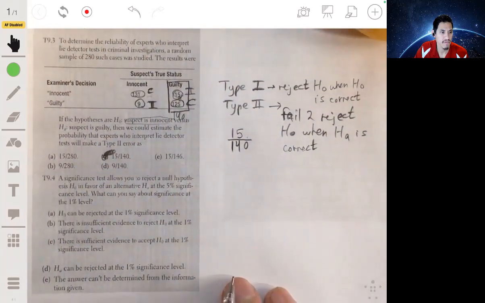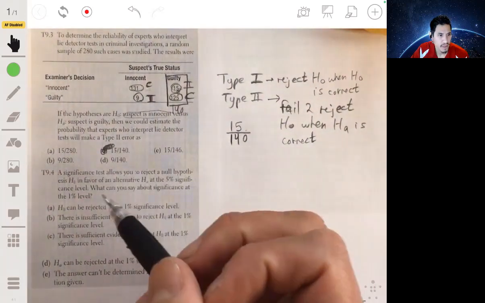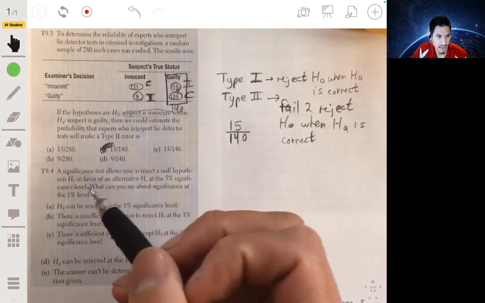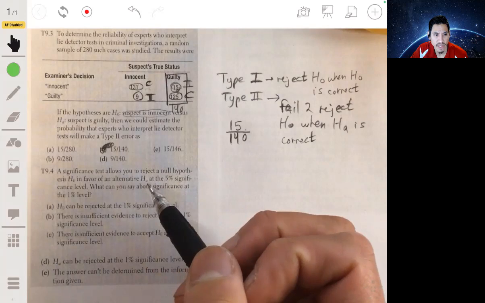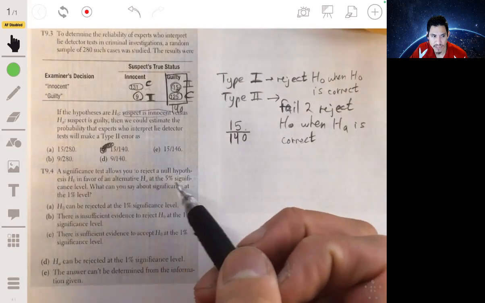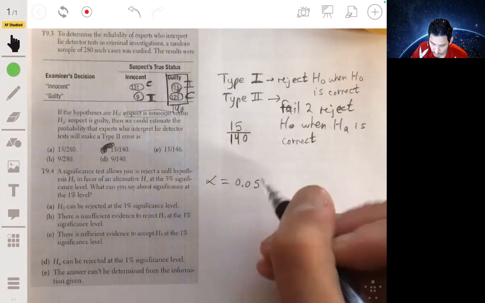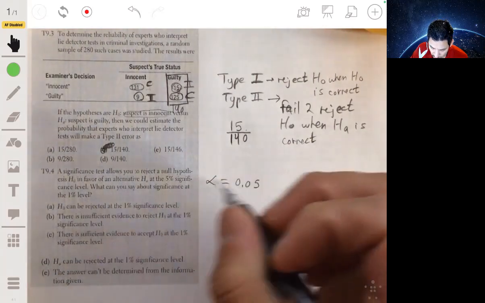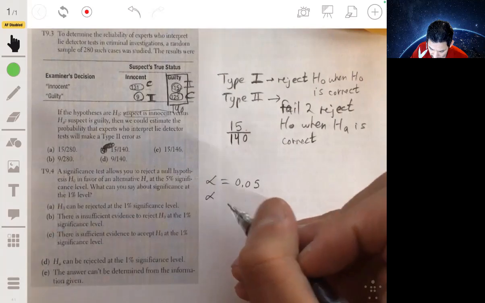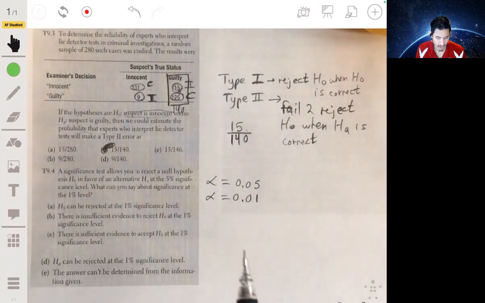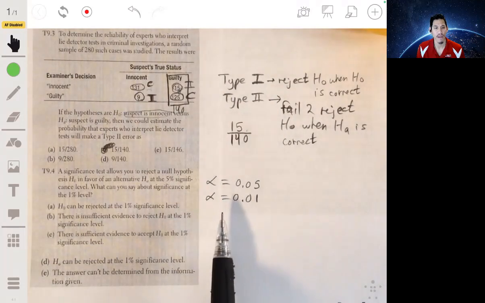Okay, now problem 4. A significance test allows you to reject a null hypothesis H0 in favor of the alternative hypothesis HA at the 5% significance level. So alpha equals 0.05. What can you say about significance at the alpha level of 1%? Now, here's the thing.